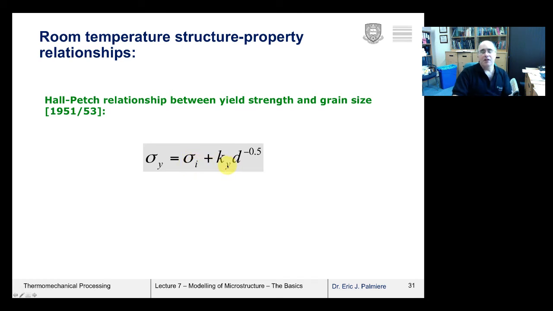Obviously, k_y represents the slope of the linear relationship when we plot the yield strength as a function of the inverse square root of the grain diameter. So when we plot this, k_y represents the slope of that straight line, and the intercept is given by sigma_i. But there's no real significant physical meaning to these constants sigma_i or k_y. So again, it's a semi-empirical equation of state.